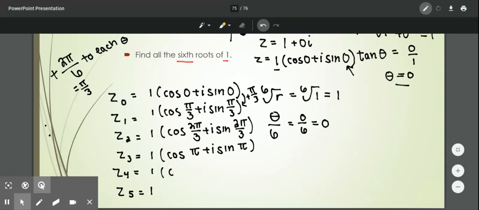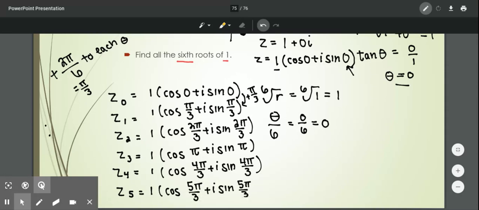And then we're at 4 pi over 3. And then our last one would be 5 pi over 3. And if you kept going, you'd be at 6 pi over 3, which gets you back to that first root.